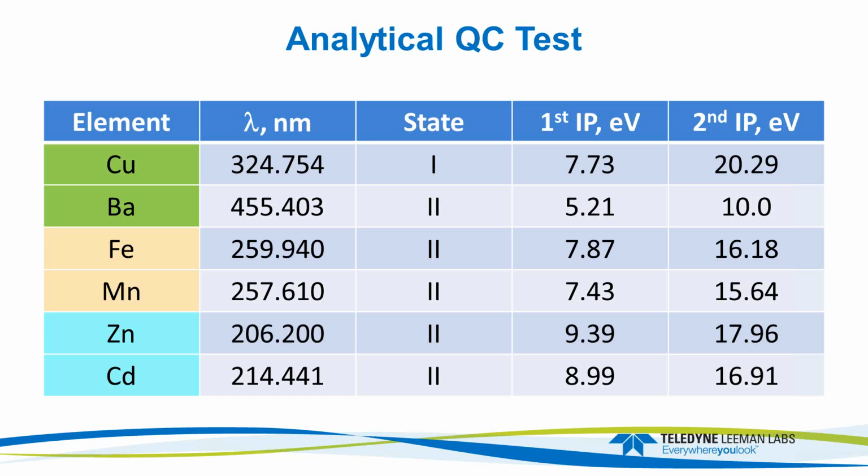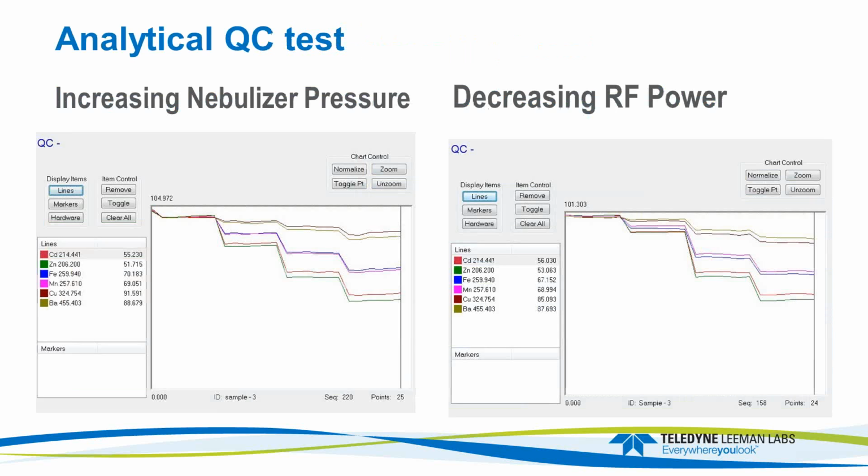So if we go ahead and look at just some artificial tests that I've done, we'll see how this holds up. So here's a test that I did. I created the method, calibrated it with the standards, and we'll see the standards that we use, and then ran it a few times, and then increased the nebulizer pressure a little bit, ran it, increased it, and increased it.